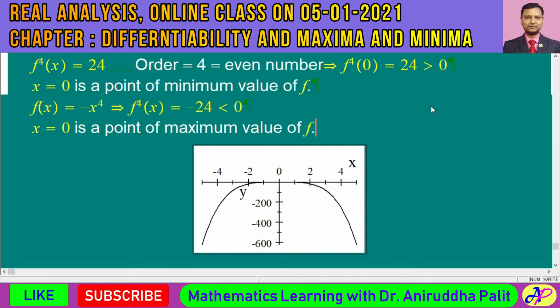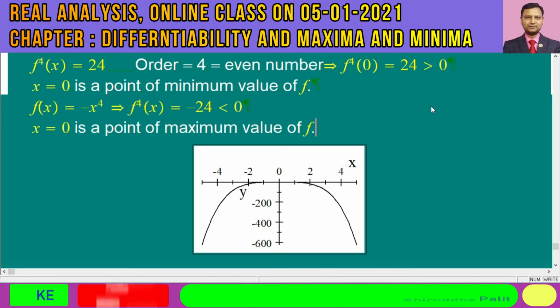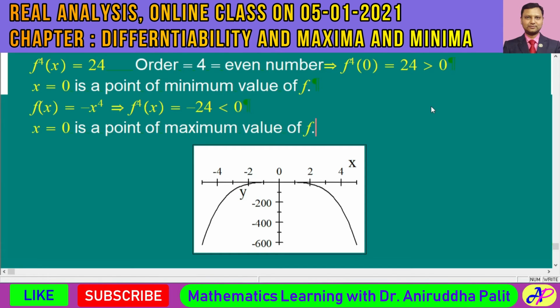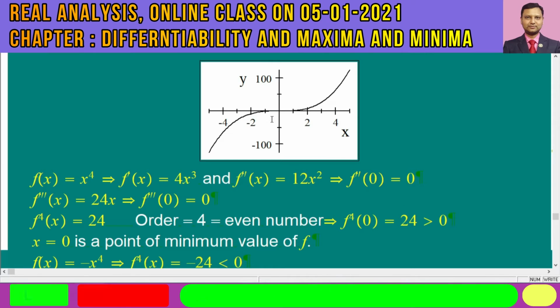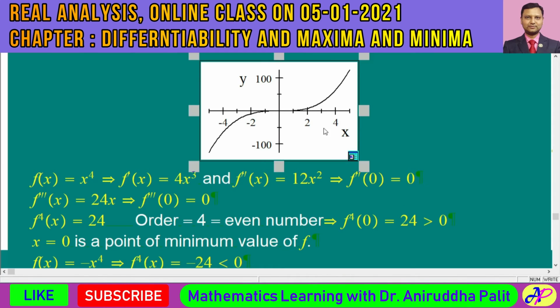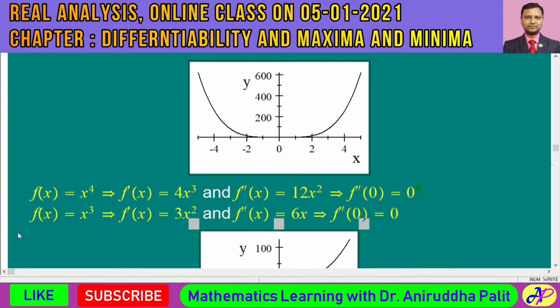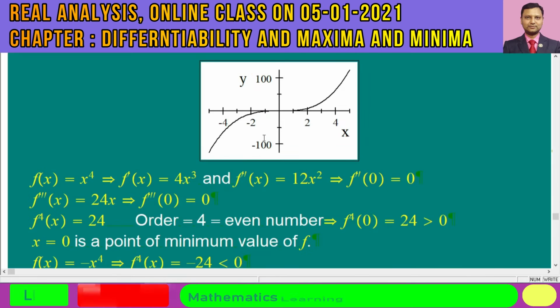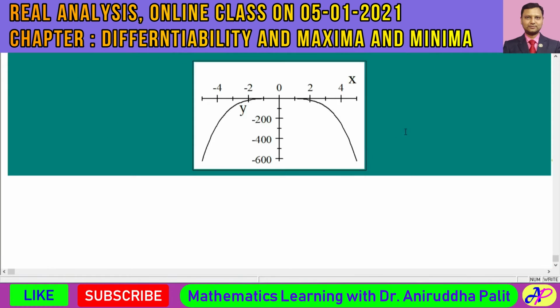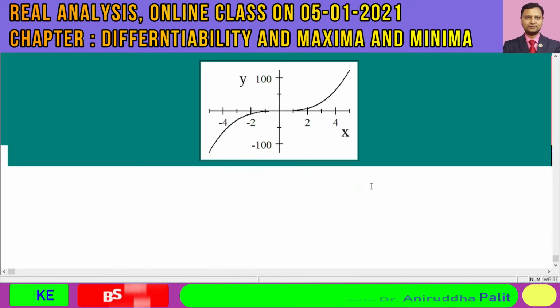Now, how do we conclude that the function does not have any maximum or minimum value at all? If you consider this picture, the picture of the function x to the power of 4, sorry, x cube, not x to the power of 4. Let me copy this one, and now let me paste it over here.